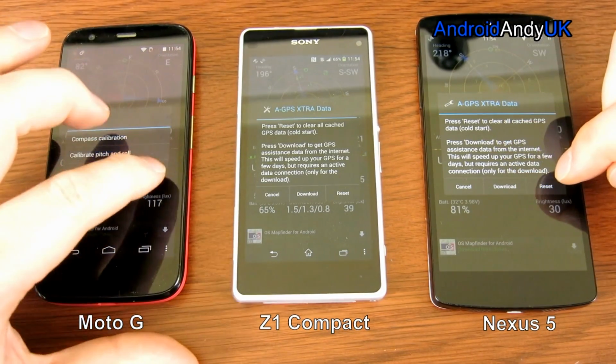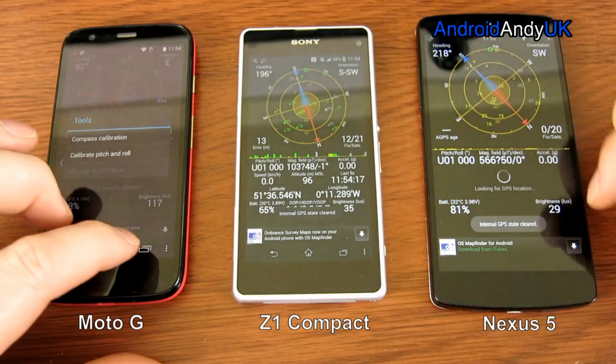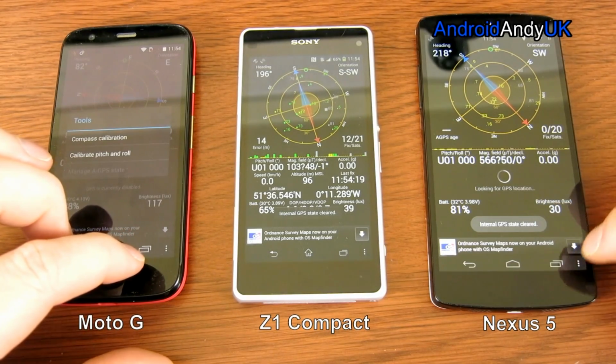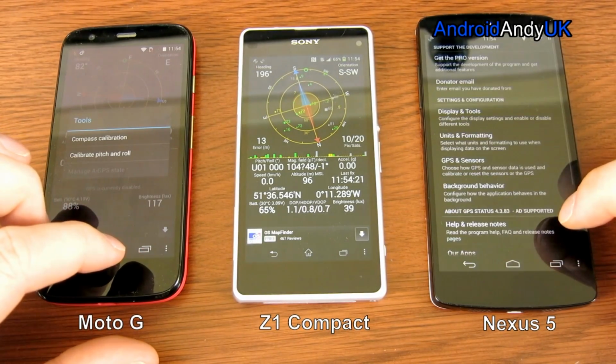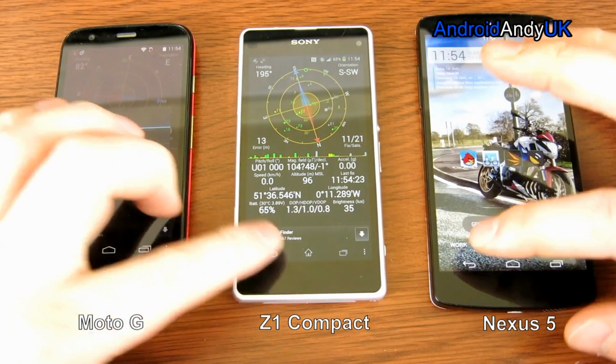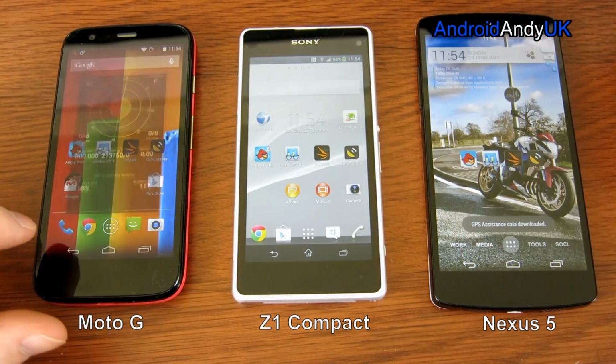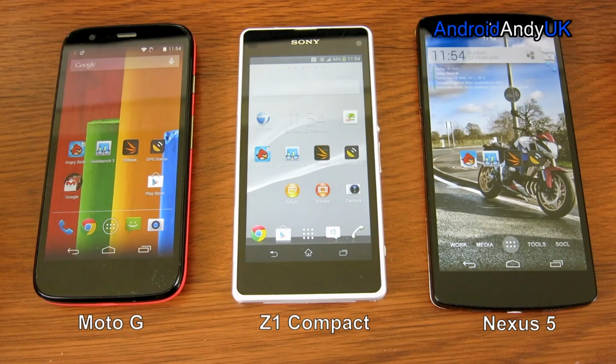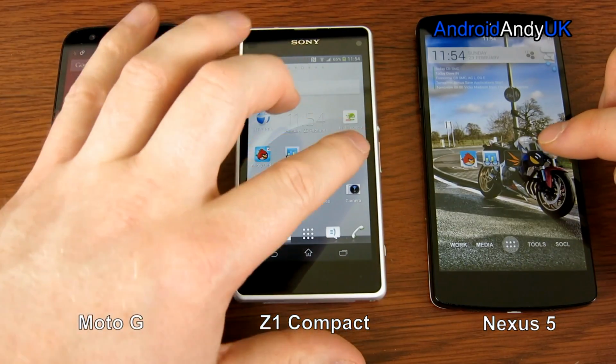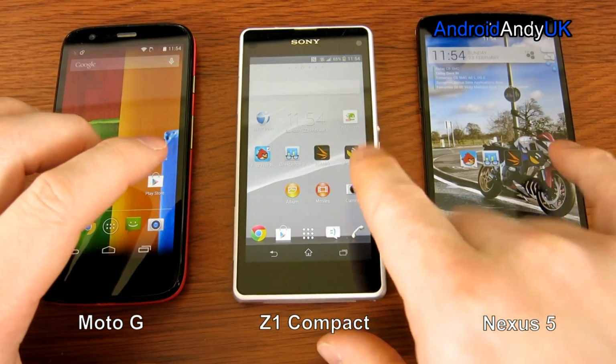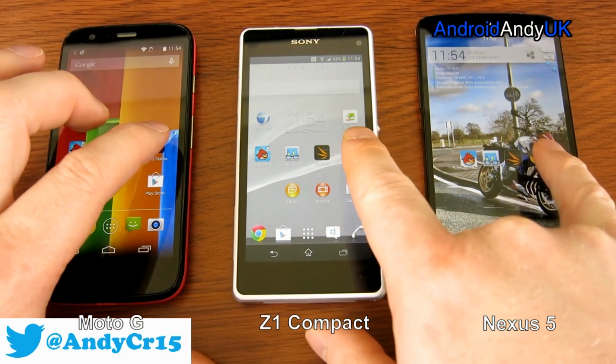Oh, I can't do it on that one. So, reset the GPS state, come all the way back out. I'm going to try and let them all go at the same time.